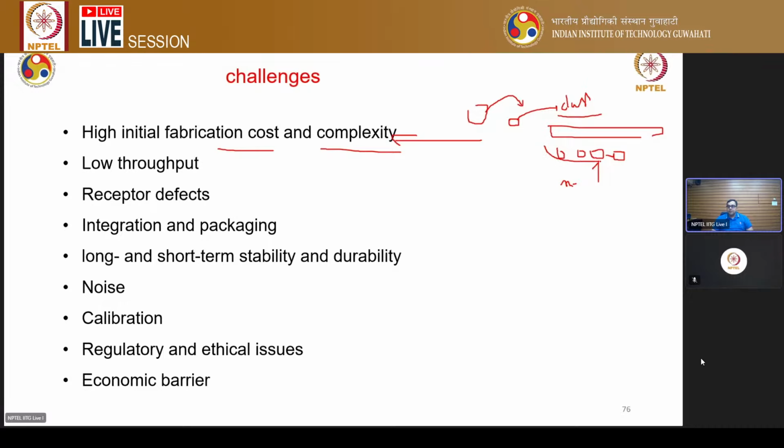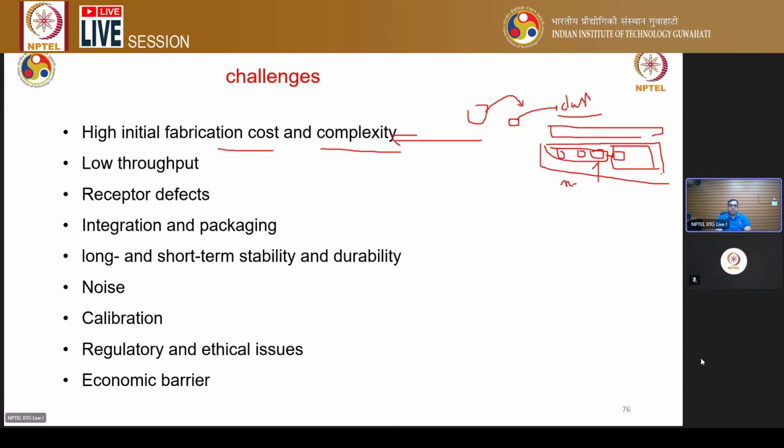So along with this fabrication technology, you should also have a line of characterization techniques. This piles up the cost of the initial setup. So the fabrication cost initially is high.